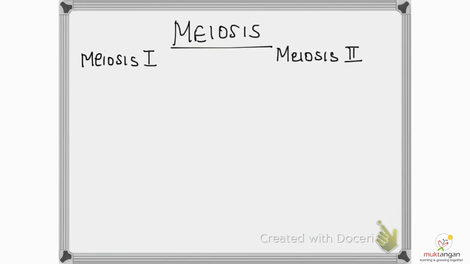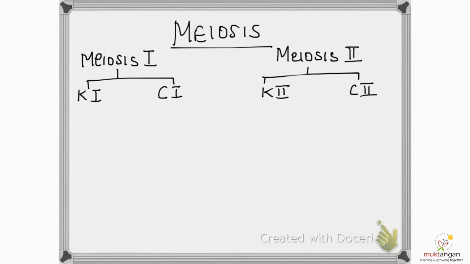As we know, meiosis is divided into two stages, meiosis 1 and meiosis 2. Each of these stages can be further divided into karyokinesis and cytokinesis. Karyokinesis means nuclear division, whereas cytokinesis means cytoplasmic division.